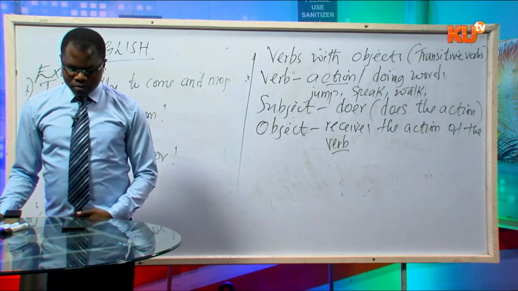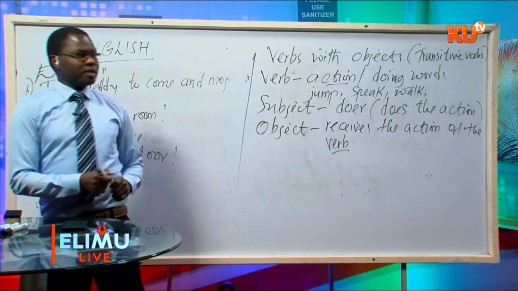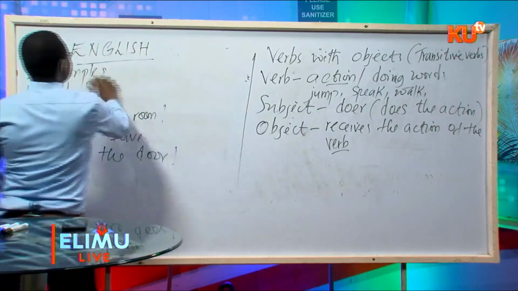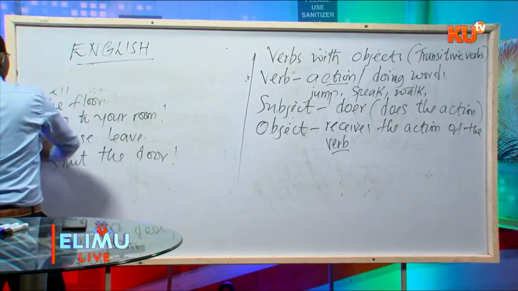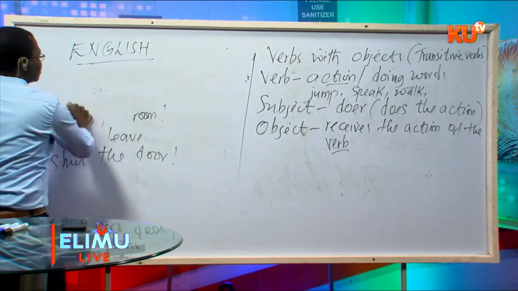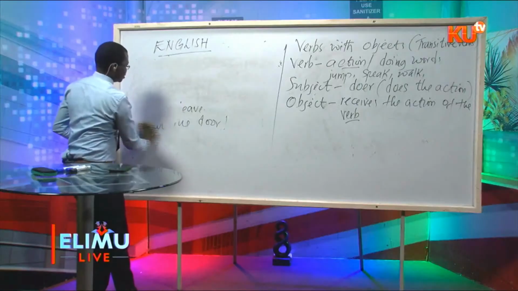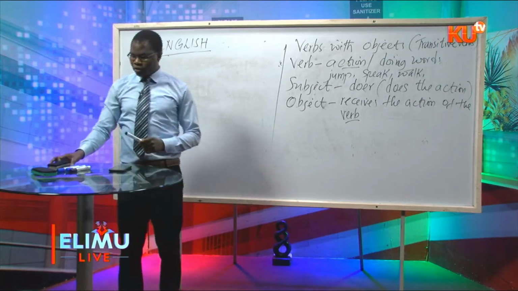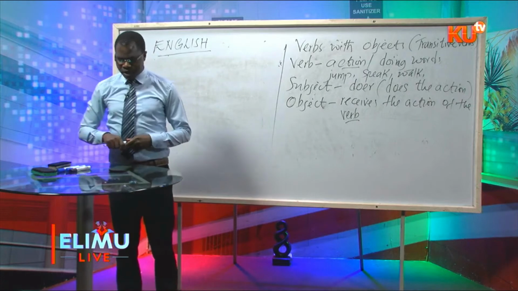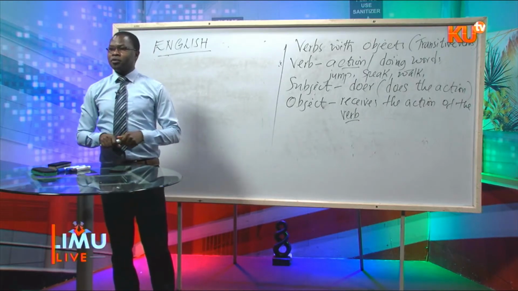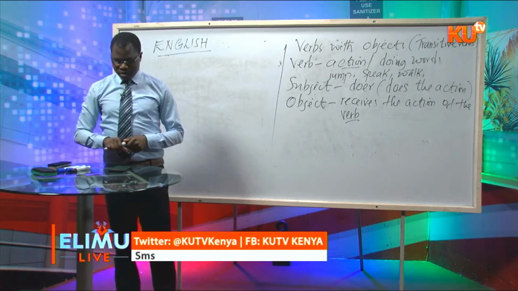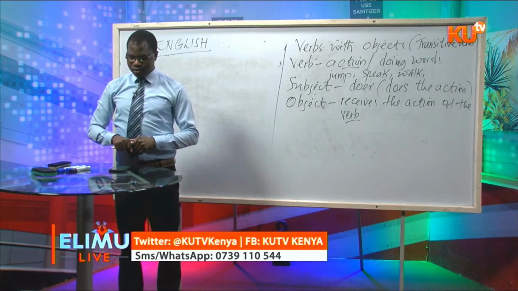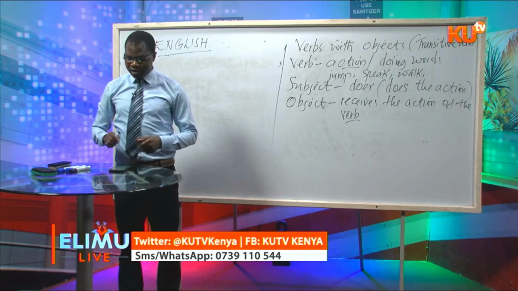For example, I'll be having something like a table. So let me use this other part so that it can be very clear to you, boys and girls at home, and those who have tuned in. I know you are so many, and you are following very closely as you keep distance, and also as you wash your hands and follow the directives given by the Ministry of Health to avert COVID-19.